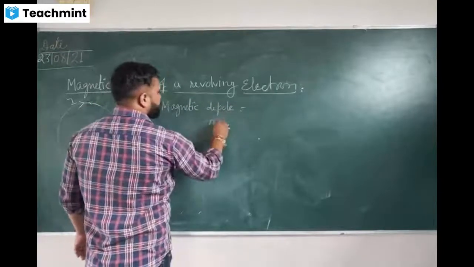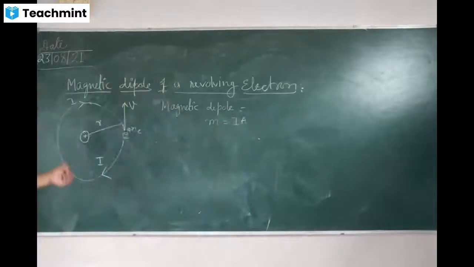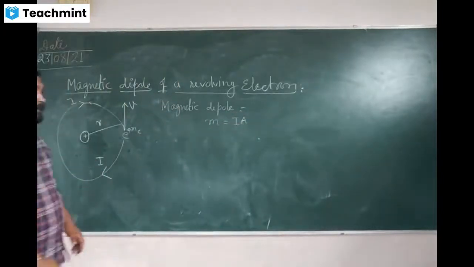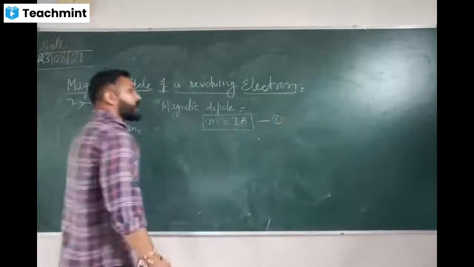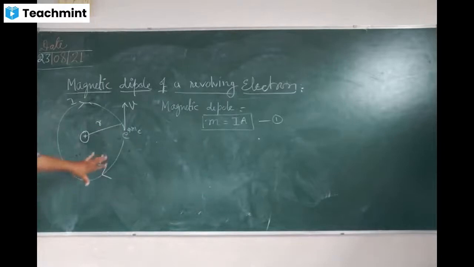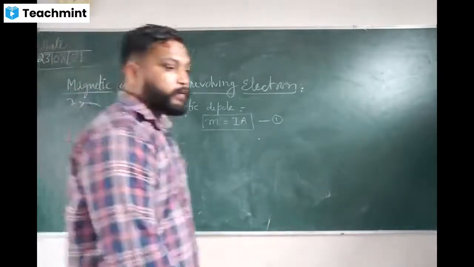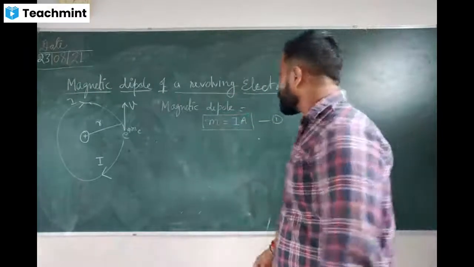That is basically M equals I into A. I am doing this for only one coil, one number of turns. Now we need to find out, when the electron of mass me is moving in a circular path with a speed v and the radius of the circular path is r, what is the magnetic dipole moment associated with this revolving electron? The magnetic dipole moment is given by M equals I into A.